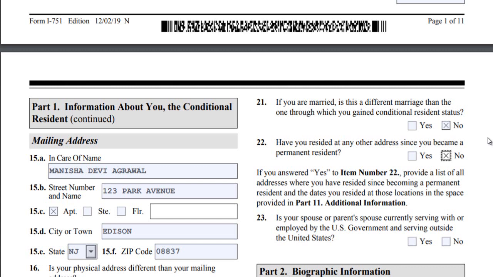If you answer yes to item number 22, provide a list of all addresses where you resided since becoming a permanent resident, and the dates that you resided at those locations, in the space provided in Part 11, additional information. Question 23. Is your spouse or parent currently serving with or employed by the U.S. government, serving the United States? Yes or no?